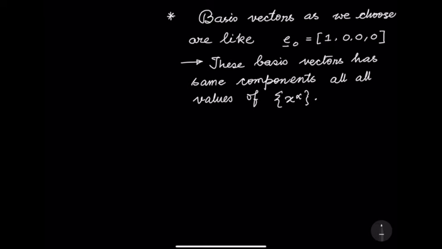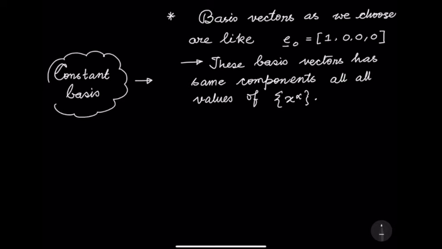These are constant basis vectors. Constant means that it doesn't change as you move to different points or as you go from one event to the other.